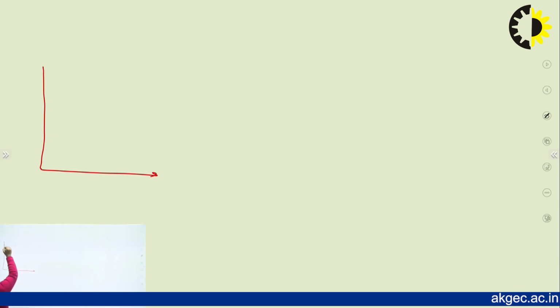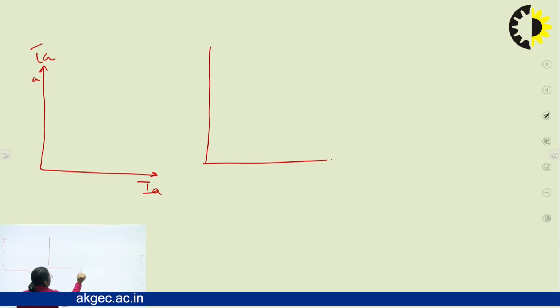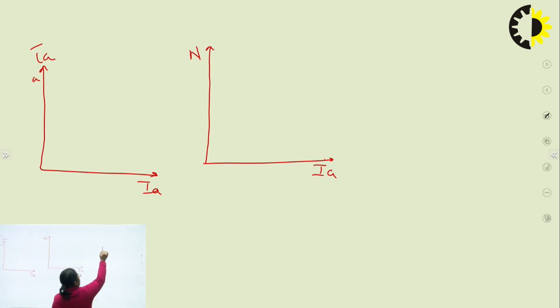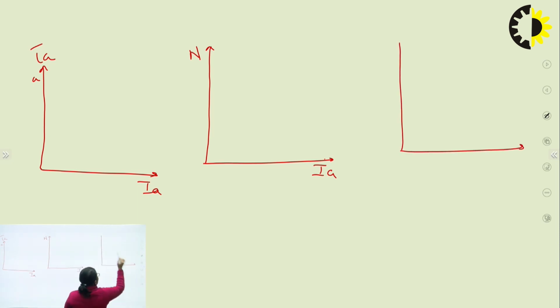One is the curve representing armature torque versus armature current. Another is the graph representing speed versus armature current. And another is the graph representing speed versus armature torque.